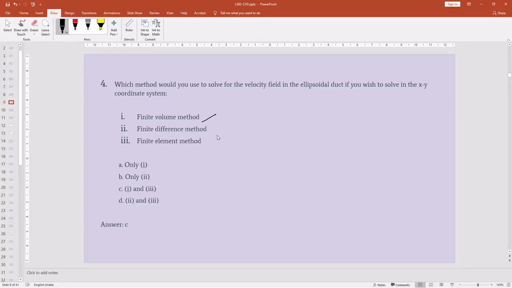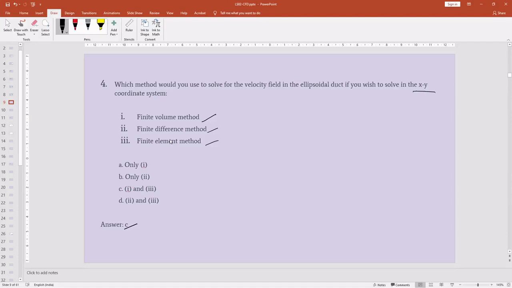This one is finite volume method, another is finite difference, and finite element. So the question is, which would you use to solve in an XY coordinate system for an ellipsoidal duct? The option shown here is finite volume or finite element method.